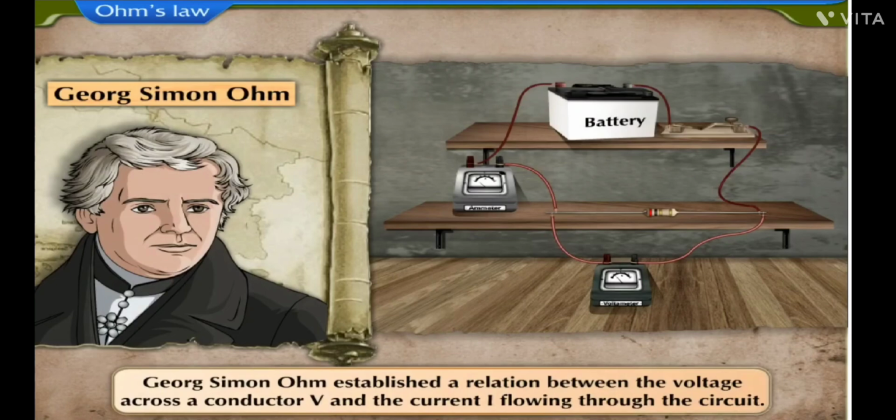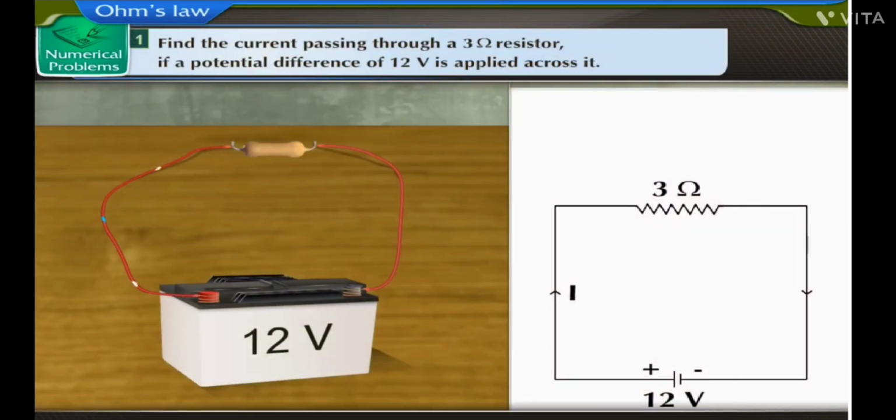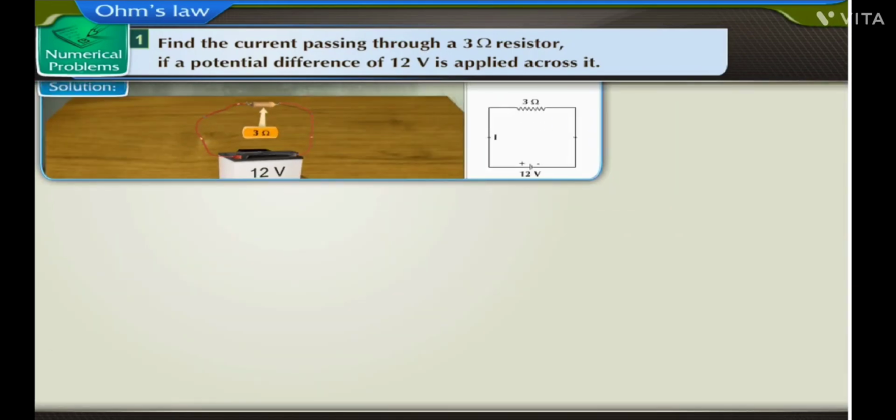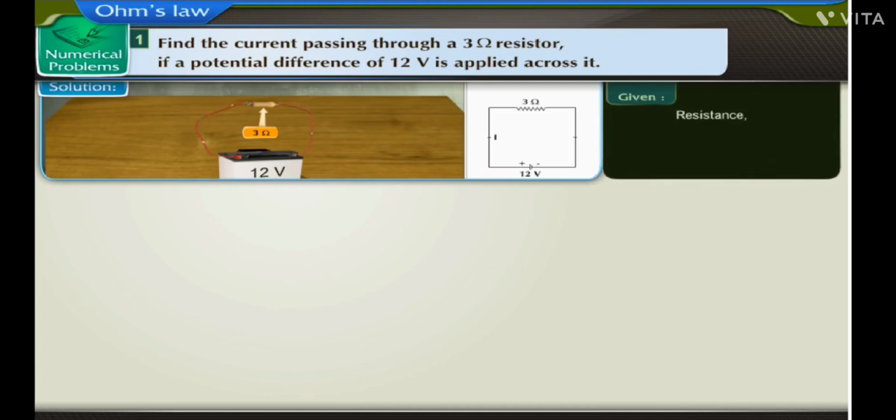Let us solve some numerical problems based on Ohm's law. Numerical problems. 1. Find the current passing through a 3 ohm resistor if potential difference of 12 volt is applied across it. Solution. First, write the given data. Resistance R is equal to 3 ohm. Potential difference V is equal to 12 volt.